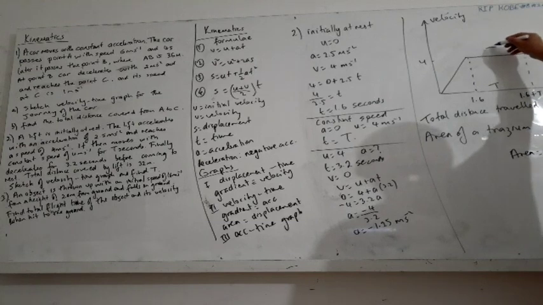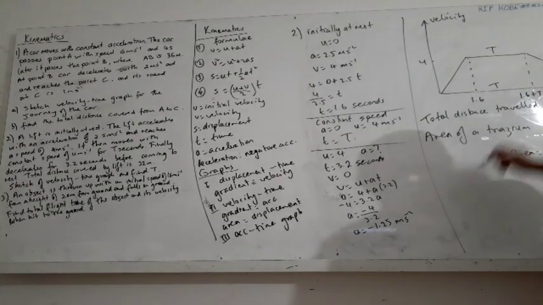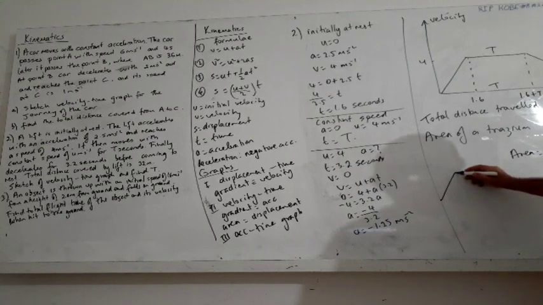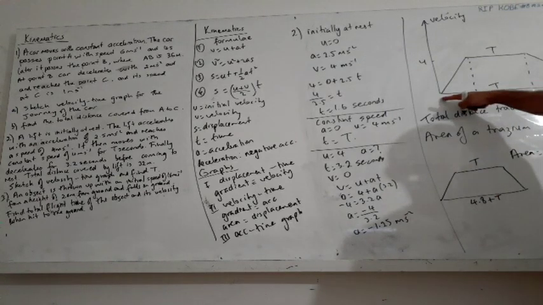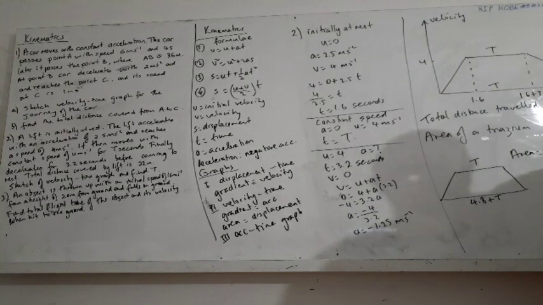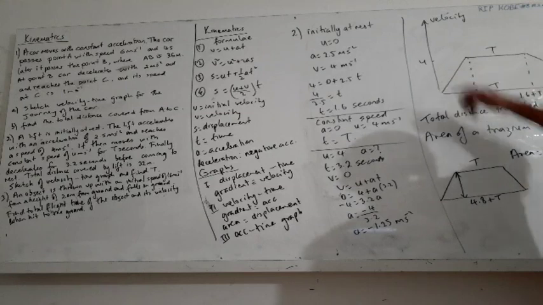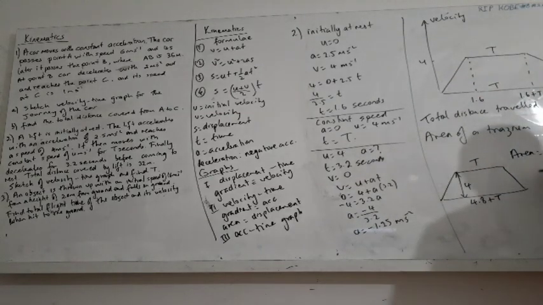So when you check the graph there, this is t, that length is 4.8 plus t from 0 to there, and the height is what? When you check the height, it is 4, and the area is there, it is 32.